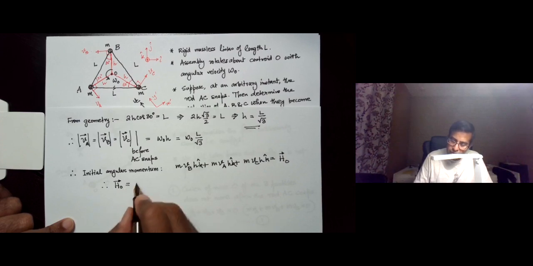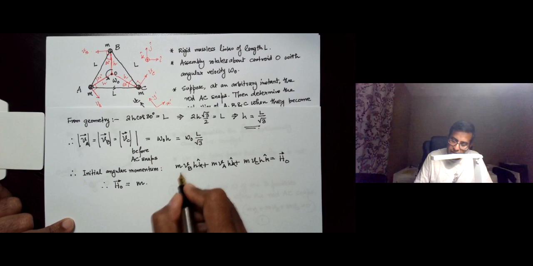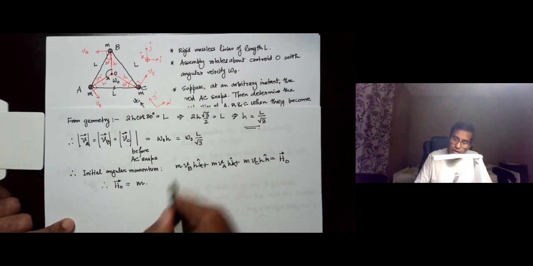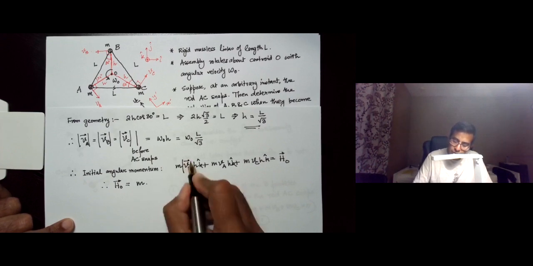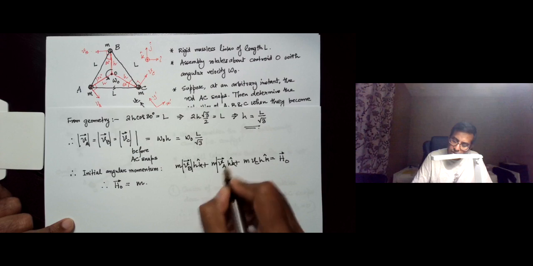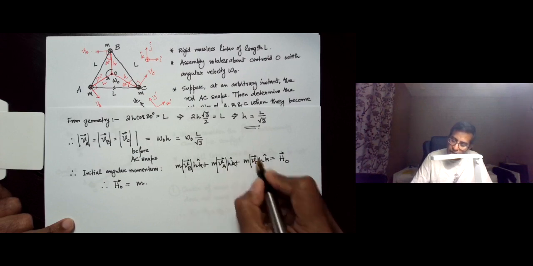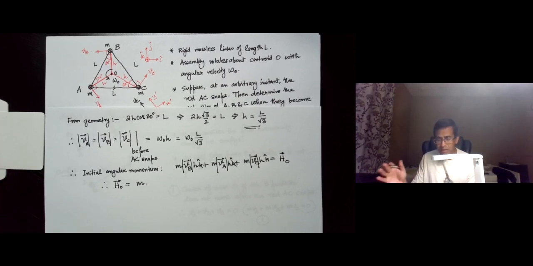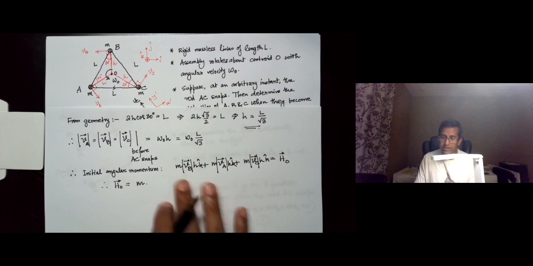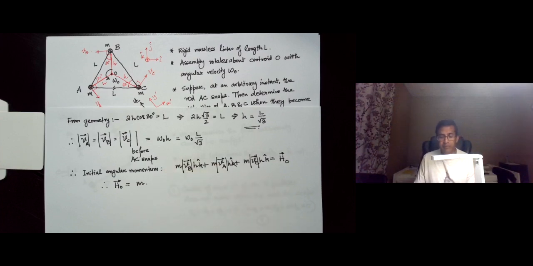So therefore HO is equal to m times the velocities, and I should put absolute values here. We have done the r cross mv, and we have found the expression. So r cross mv is going to give you essentially this expression.